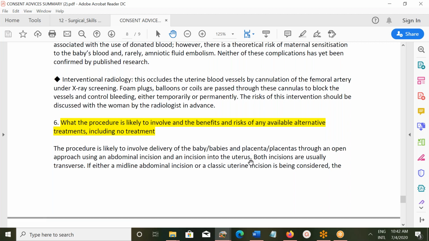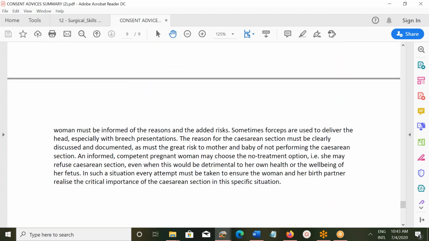And if either a midline abdominal incision or a classic uterine incision is being considered, the woman must be informed of the reasons and the added risks. Sometimes forceps are used to deliver the head of the baby, especially with breech presentation. The reason for cesarean section must be clearly discussed and documented, as must the great risk to the mother and the baby of not performing the cesarean section.